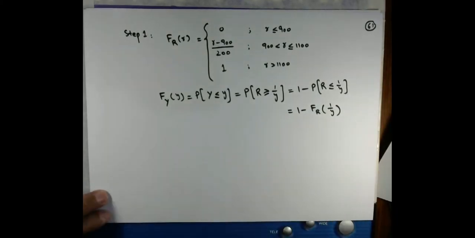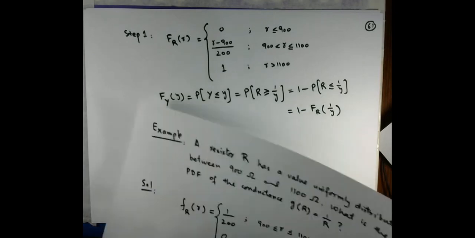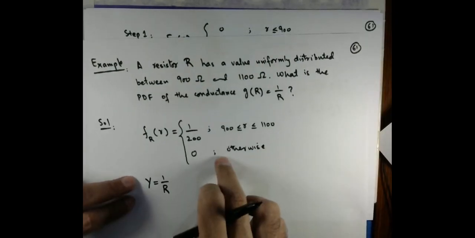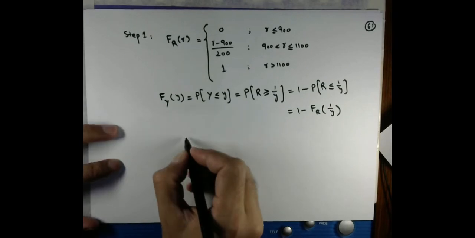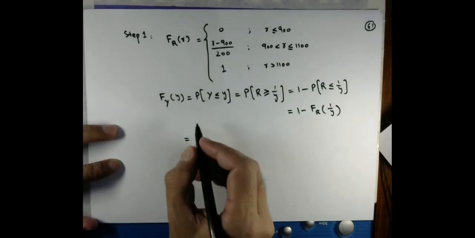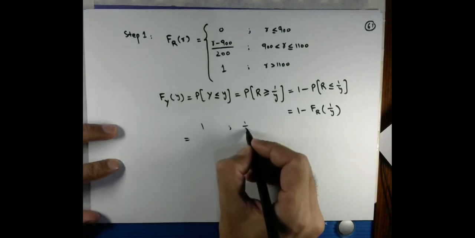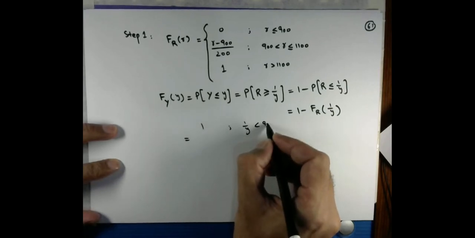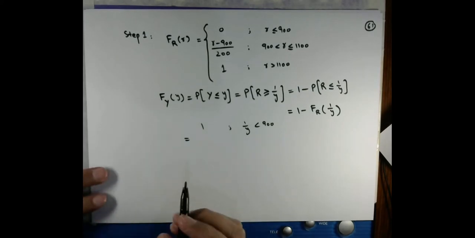So now if I utilize this equation here, in this particular equation, I can simply write this as 1 for 1 over y less than 900. Simply replace r with 1 over y.